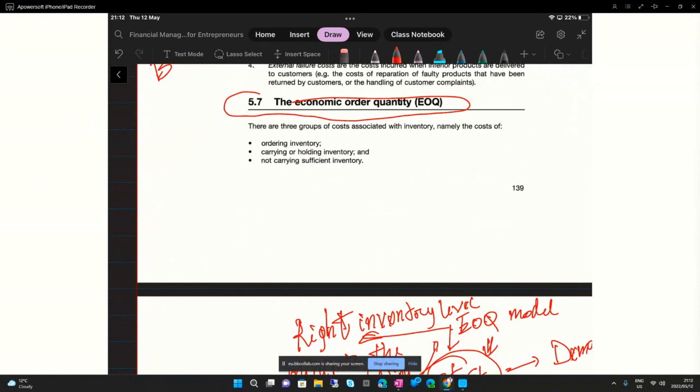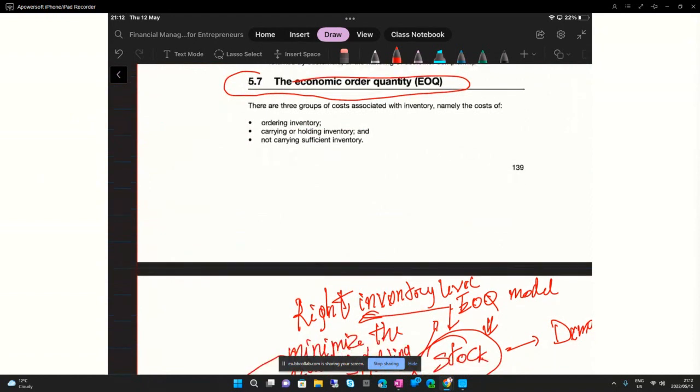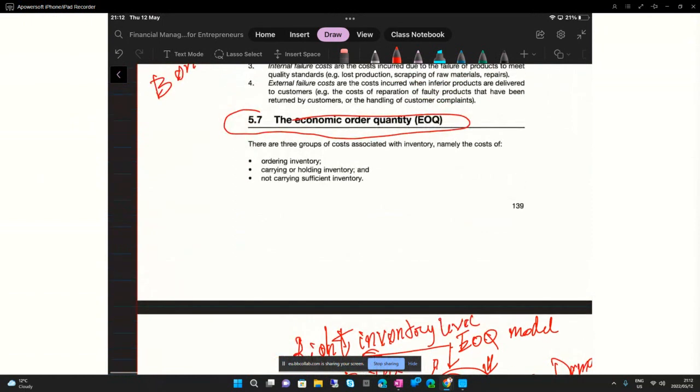And we have something called the economic order quantity. This is quite important because there are 2 things involved there: the ordering and the carrying. There is the acquisition of something, and when we have acquired that inventory, we need to hold it, to keep it. But by holding or keeping it, there are also costs involved.